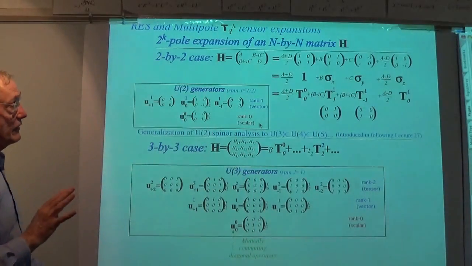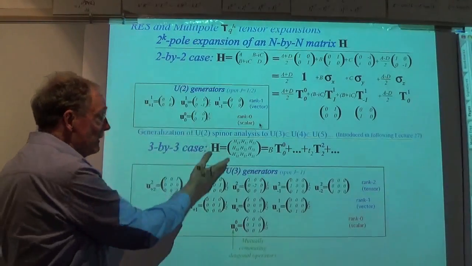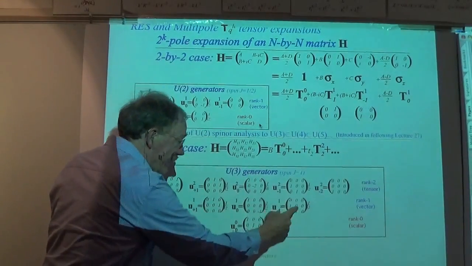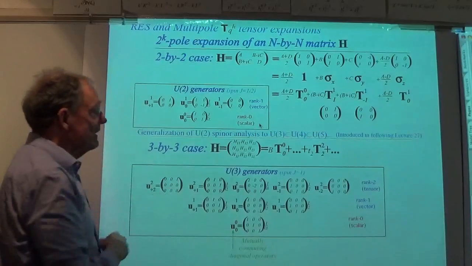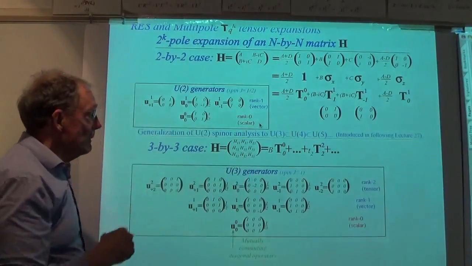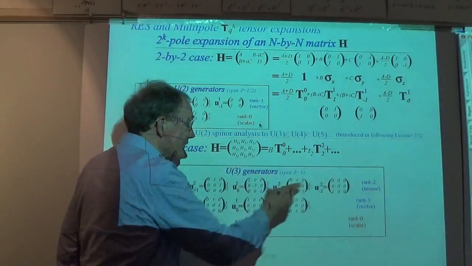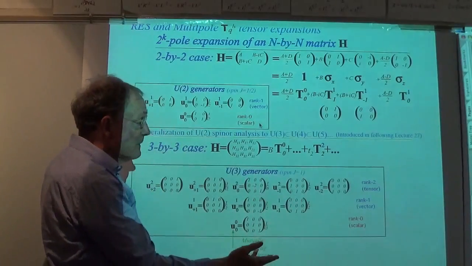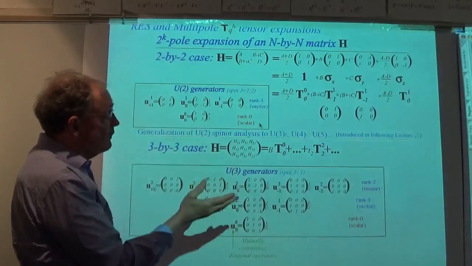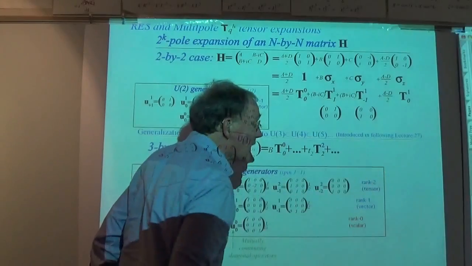Okay, so that's our description of a 2x2 Hamiltonian. A 3x3 Hamiltonian has also a scalar and a vector set, but it then has a tensor set in addition to that. A 3x3 matrix that wasn't Hermitian, you could say, has 9 parameters, and indeed that's how many operators I have here. So in addition to a scalar and a vector, there is the tensor next. And then this goes on. If I want to do 4x4, I'm going to add another row on top of this that has an octopole.